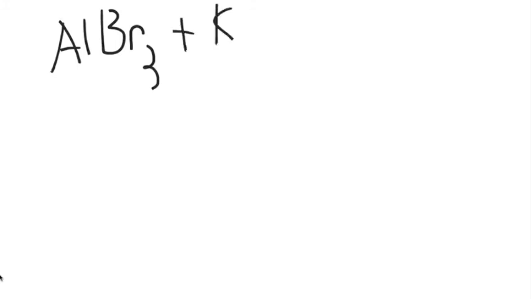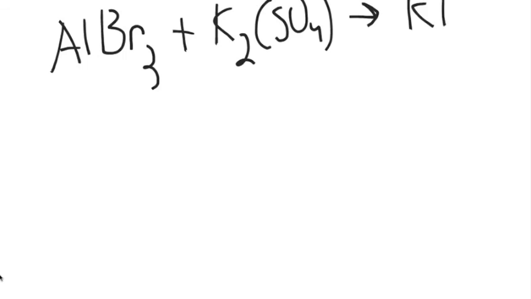So for example, aluminum bromide plus potassium sulfate produces potassium bromide and aluminum sulfate.